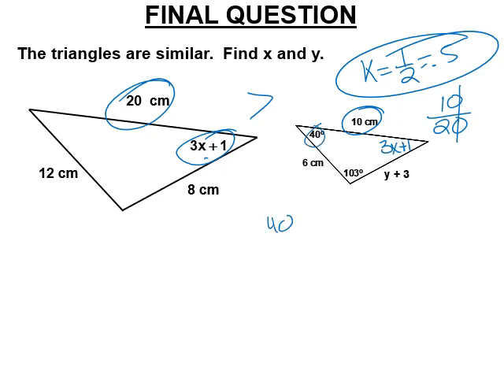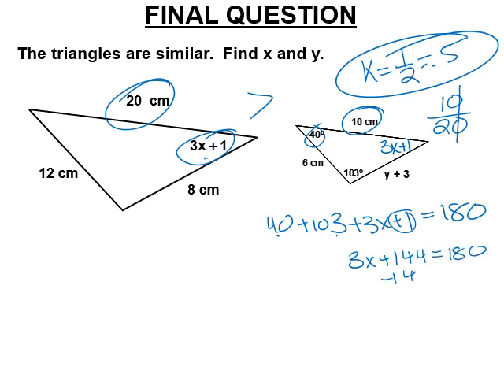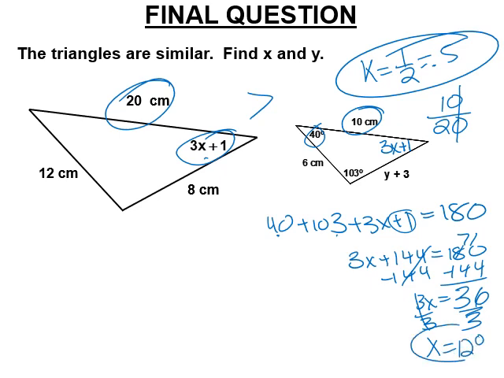So 40 plus 103 plus 3x plus 1 equals 180. 143 plus 1 is 144. I'm just going to rearrange that a little bit in the normal order. You don't have to. So x here is 12 degrees.